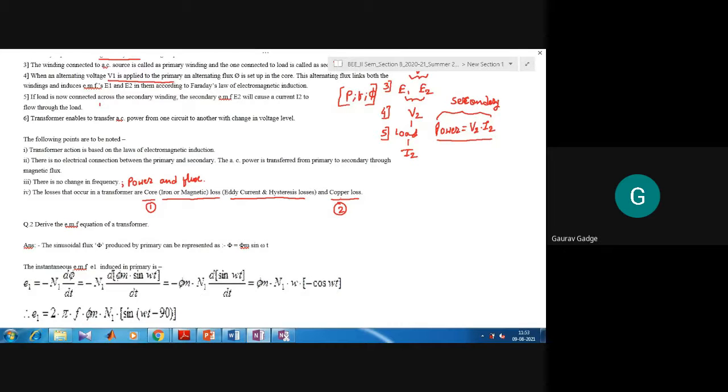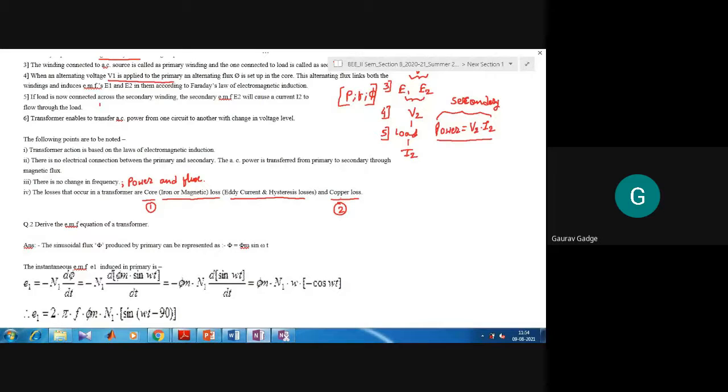So the device which transforms the energy from one AC circuit to another AC circuit by keeping frequency constant. But I suggest not only frequency but also flux and power is constant in transformer. So how does this transformer operate? First, the supply voltage is given to one side.